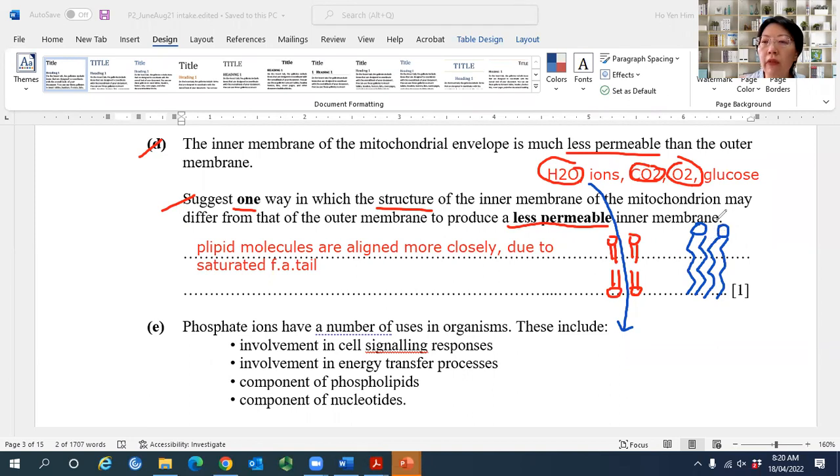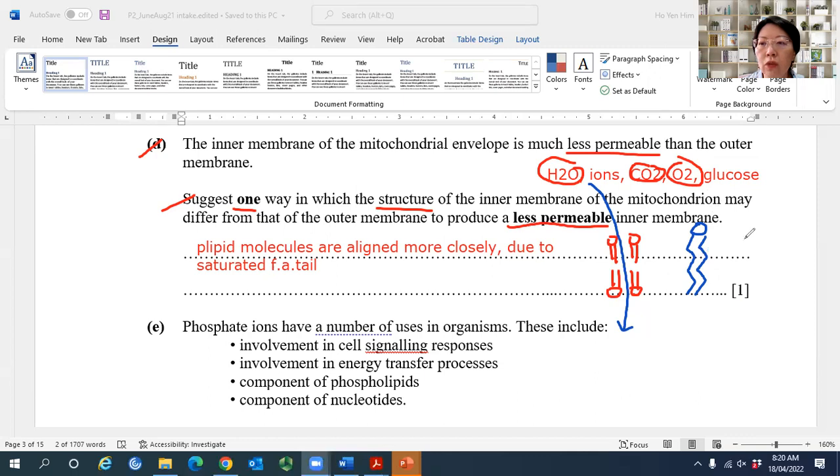So those molecules have got lower chances of passing through compared to if the fatty acid tail is unsaturated. Then you will see that this one here, if unsaturated, there will be a kink. A kink means suddenly there is a kink and it bends the other way. Sorry, let me draw again.